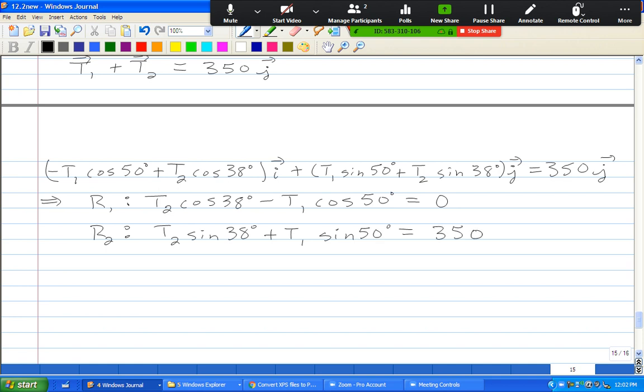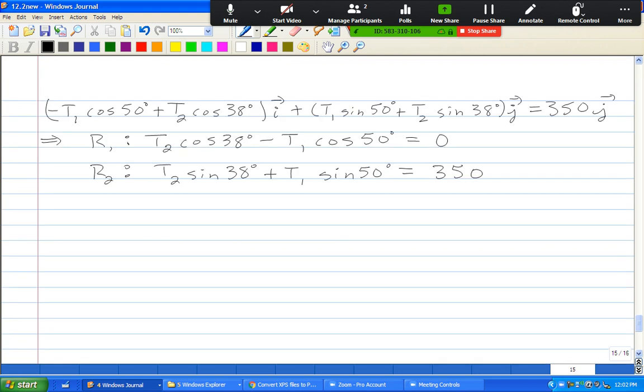So if I multiply R1 times sine 50 degrees, and I'm going to add it to cosine of 50 degrees times R2.